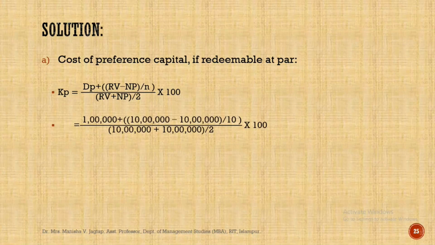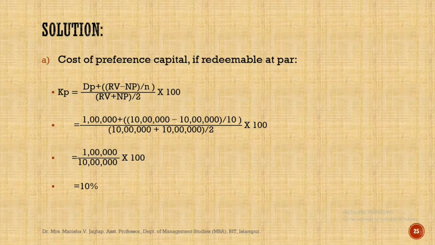Here you can see dividend 1 lakh plus RV, the redemption value, 10 lakh minus NP 10 lakh, divided by N, that is period, 10 years. By solving this equation, we get the cost of preference capital if redeemed at par is 10%.